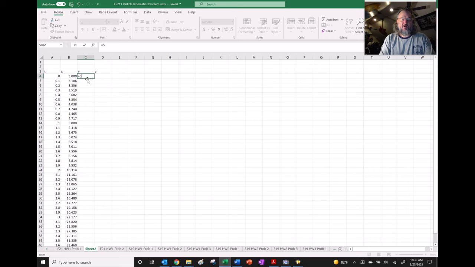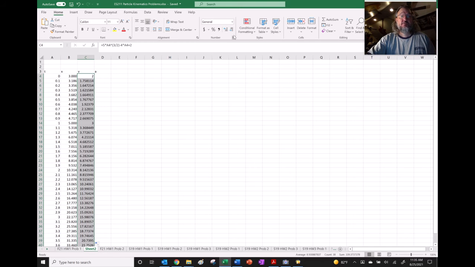That's why. 5 times this raised to the open parentheses 3 halves minus 4 times t plus 2. And I think I got that right. Let me get rid of some decimal places there.